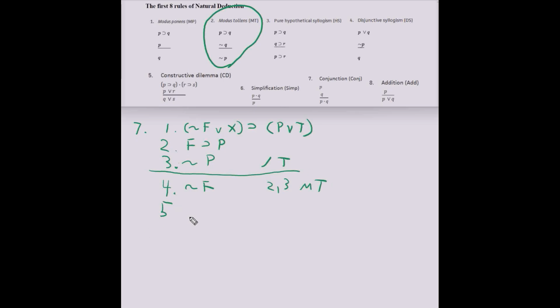Now, what am I going to want to do next? I have not F. I see a not F here, but that not F is within this big conditional, and within the conditional there's also this disjunction, so I can't do much with not F. But I know I could do modus ponens over here if I had the antecedent. So this should look familiar to us and make me start thinking, well, maybe I want to take not F, that's line 4, and do some addition.